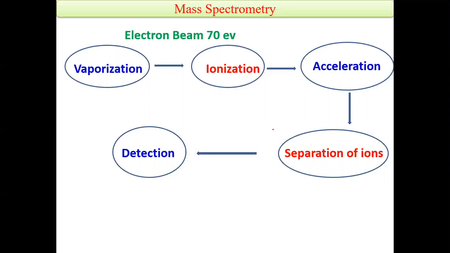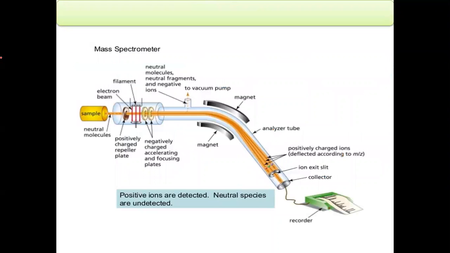The accelerated ions are separated according to mass to charge ratio under the influence of a magnetic field, and these separated ions are detected by the detector according to their abundances, or depending on the number of ions produced of that particular type. Now let us see the functioning of the mass spectrometer.